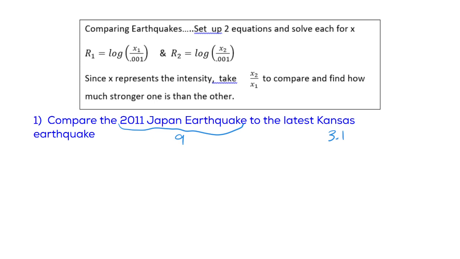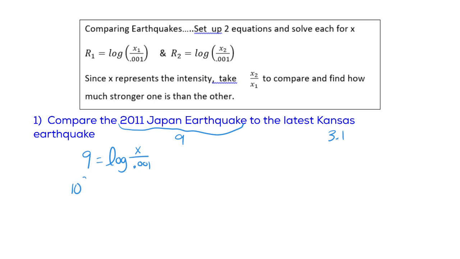So I'm going to set up this formula, and the Richter scale number is 9, equals the log of, I don't know what its intensity is, x over 0.001. So the first thing I've got to do is switch this to an exponential. It's base 10, the common log.